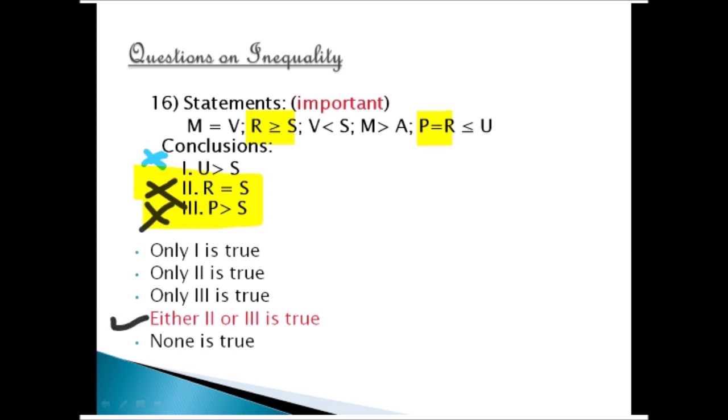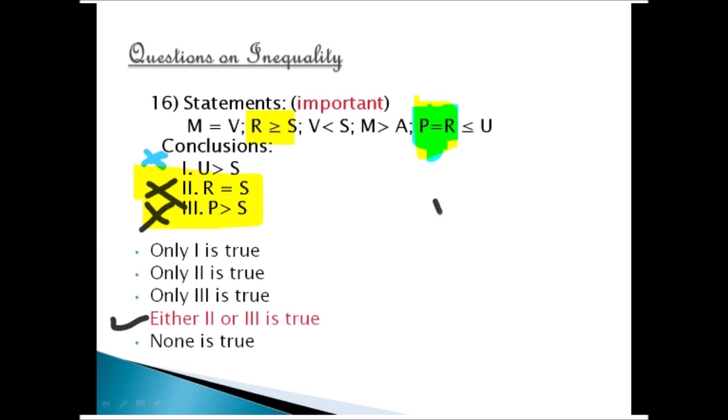Now students will ask, there are no matches in values, because in both conclusions S is common but R and P are not common. That is true, but if I check this P to R or R to P, actually the symbol is equals to, that means p is equals to r or r is equals to p.